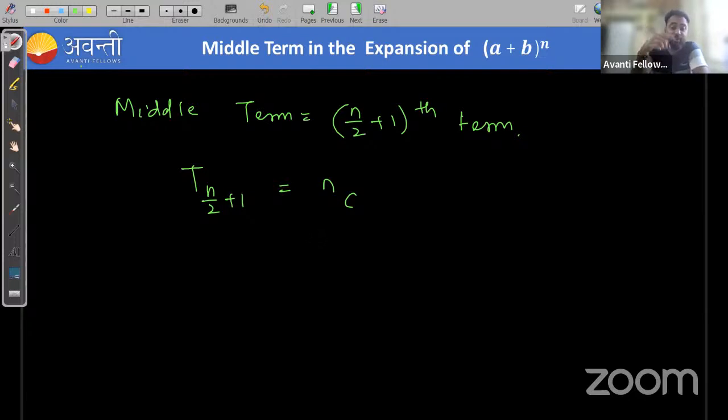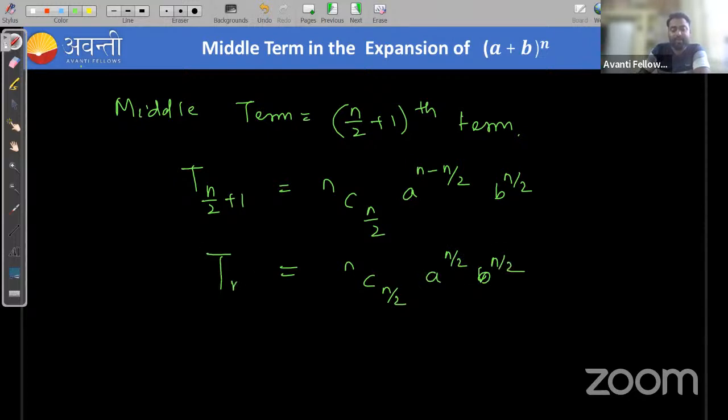If the n by 2 plus 1th term is your middle term, the term will be where r is n by 2. So nC n by 2, a to the power n minus n by 2, b to the power n by 2. Or we can write this as nC n by 2, a to the power n by 2, b to the power n by 2.